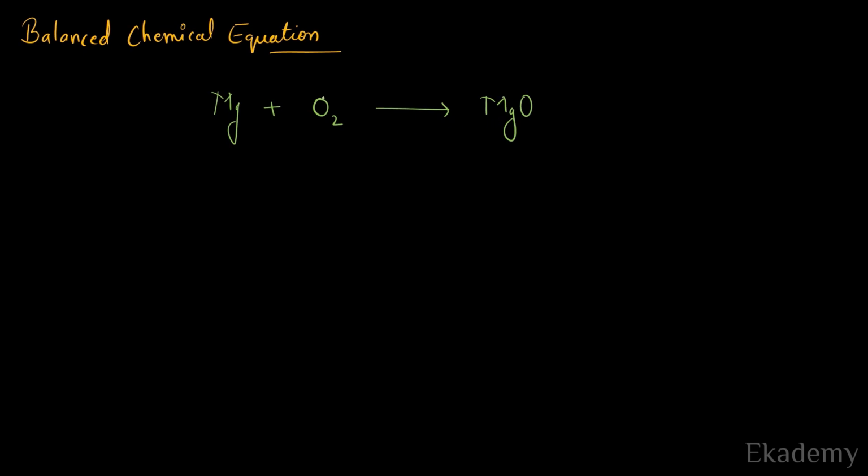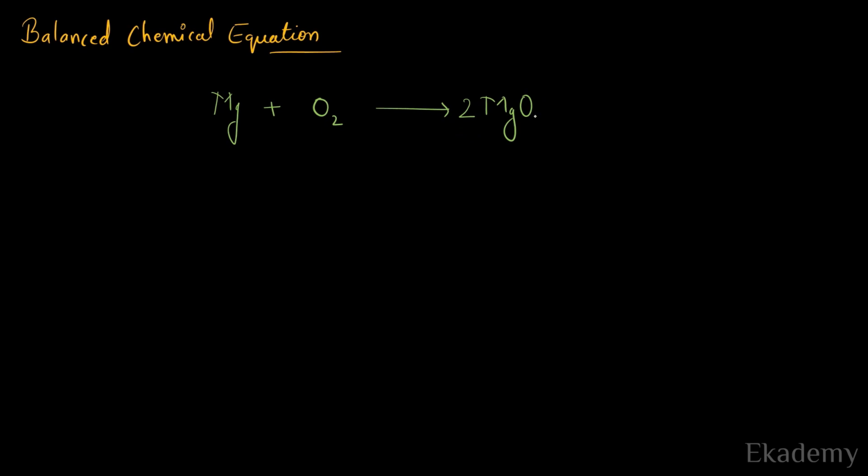When we see oxygen, on the reactant side there are two oxygen atoms, O2, and on this side we have only one oxygen atom. So the number of oxygen atoms is not balanced in this case. In order to balance it, what we can do is put 2 over here. We're going to put 2 as a coefficient of this compound.